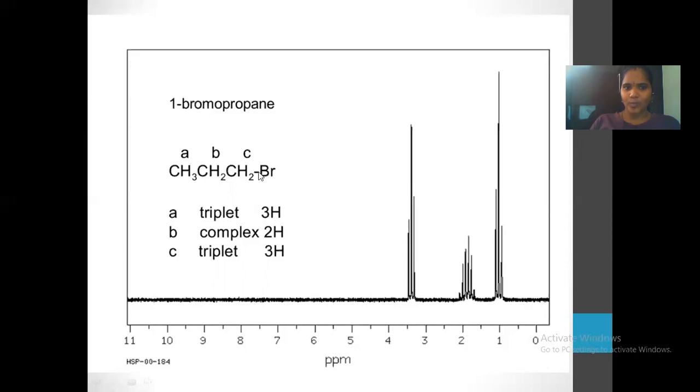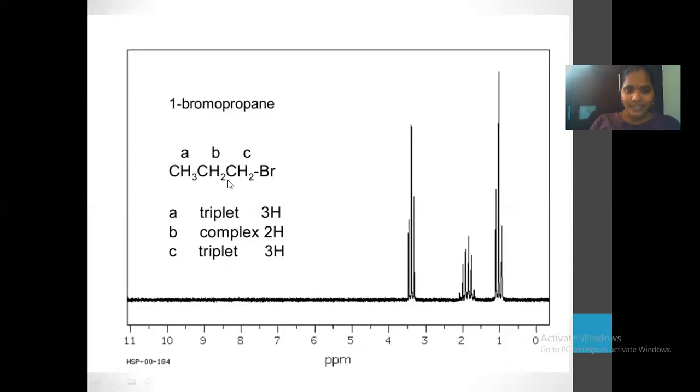Check this one, bromopropane. This bromine is connected directly with the first carbon atom, and then the second, and then the third. So this environment is different because this is connected with bromine very nearby, but the distance between this carbon and the bromine is different, and the third carbon atom and the bromine distance is also different, so the environment is not the same for all the A, B, C types of protons.